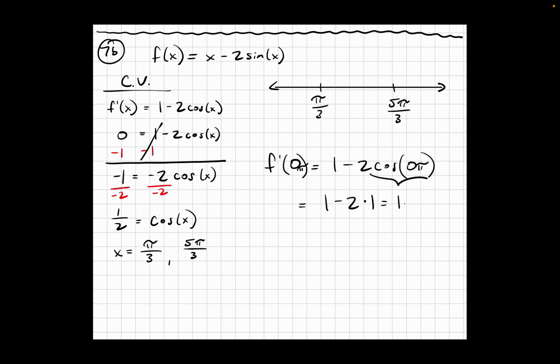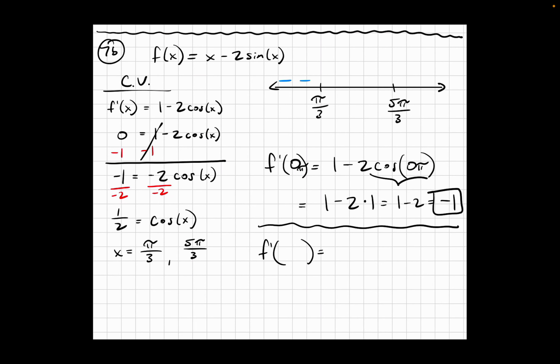So it's 1 minus 2, which is negative 1. Negative 1 means it's negative, so over here I'm going to put negatives. Okay.